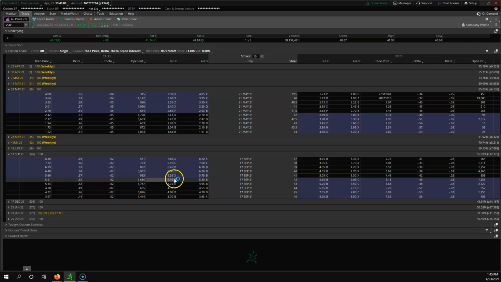Maybe we would lose $100, right? Maybe these 42 calls would be worth $4.30. Well, we would lose $100 here, but we would make $260 here. Net we'd be up about $130 on the entire trade.